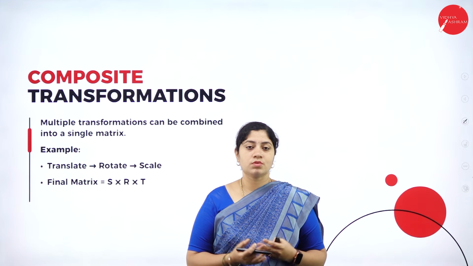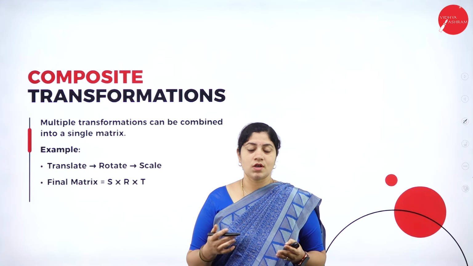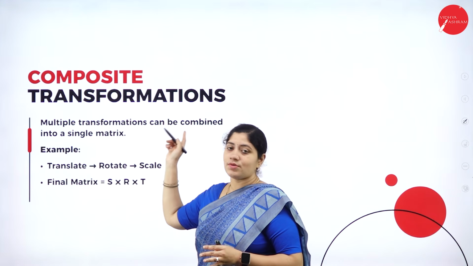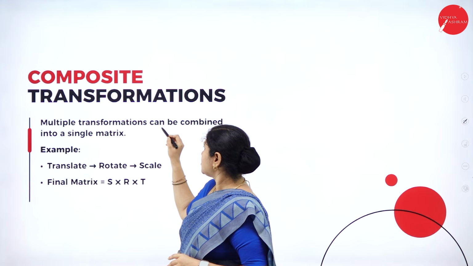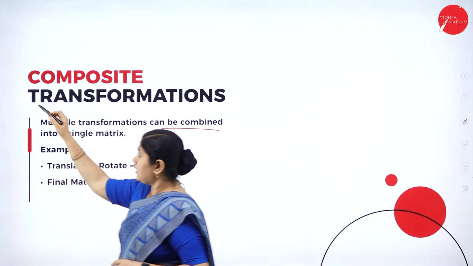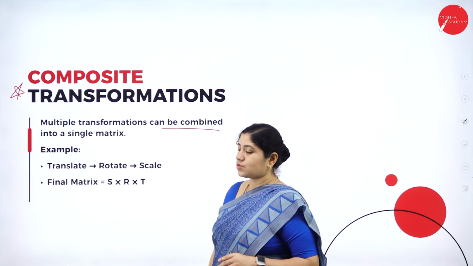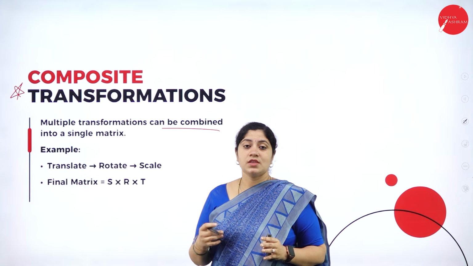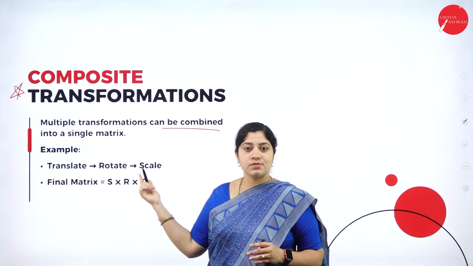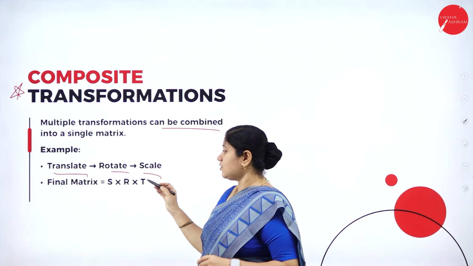All right, what to do if the basic transformation as well as the 2D transformation won't work? We have to switch to a more complex transformation, that is none other than a composite transformation. Multiple transformations can be combined into a single matrix. It is very advantageous, and the most widely used type of transformation in a real-time graphics environment is the composite transformation. Examples can be translation, scaling or even rotation.